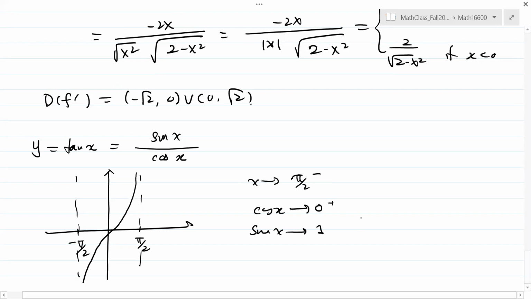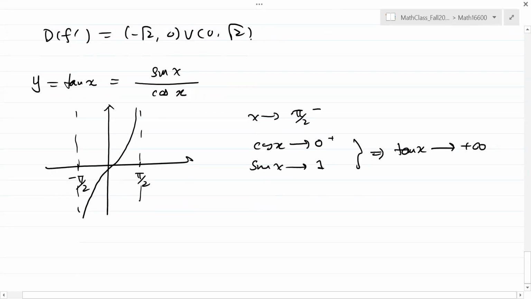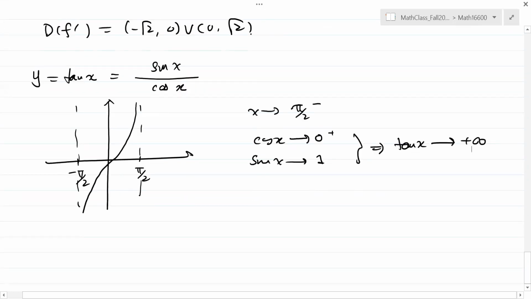That's how you get the graph. This graph is increasing, therefore the inverse exists. I just need to focus on tangent x over that interval. This is a periodic function, but that piece is enough to define the inverse.